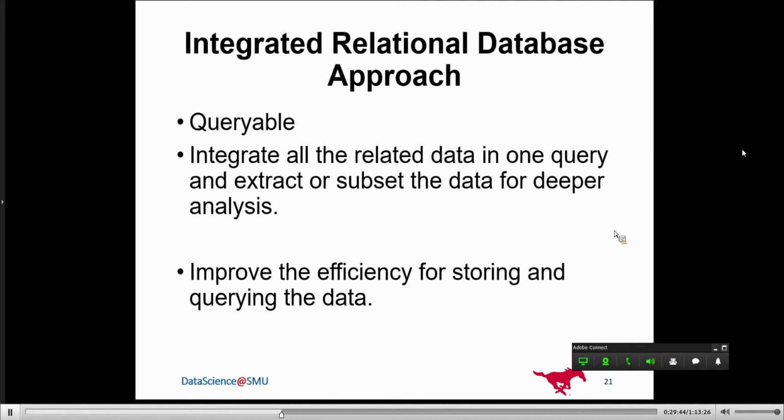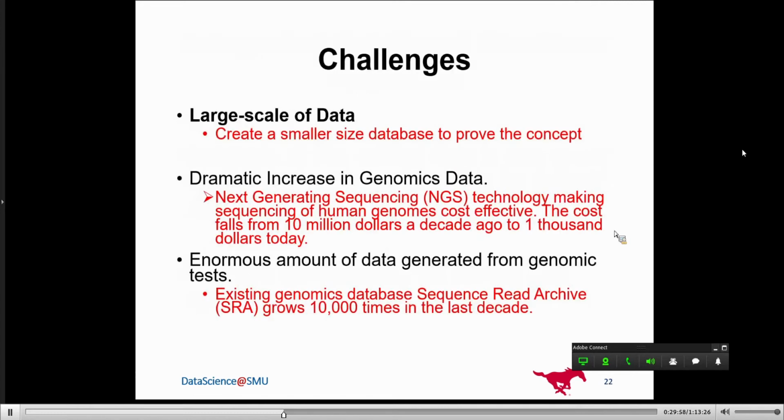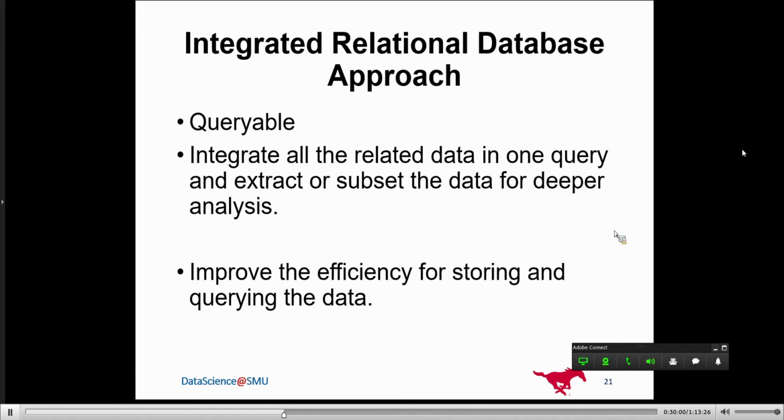Our goal is to build a queryable database where we integrate all the related data in one query and can extract or subset the data for deeper analysis. Also, we improve the efficiency for storing and querying the data.